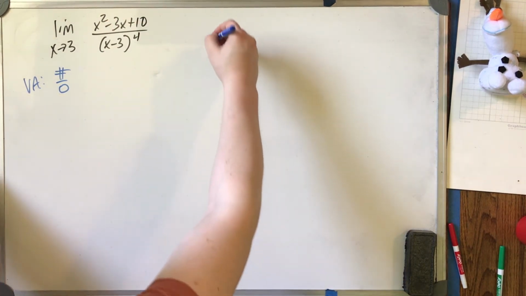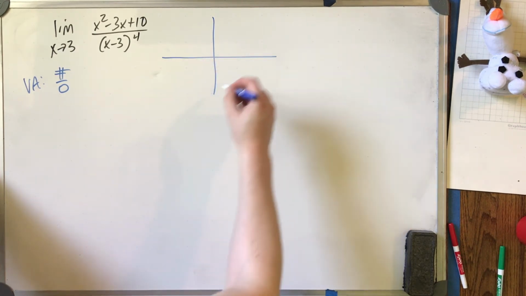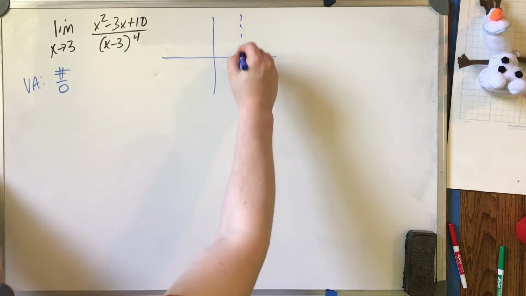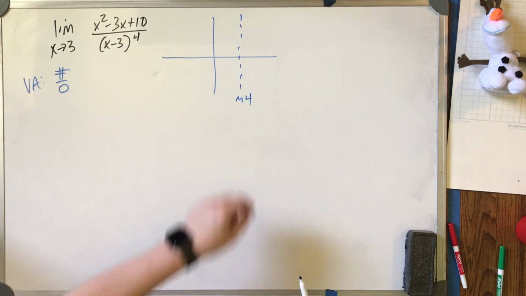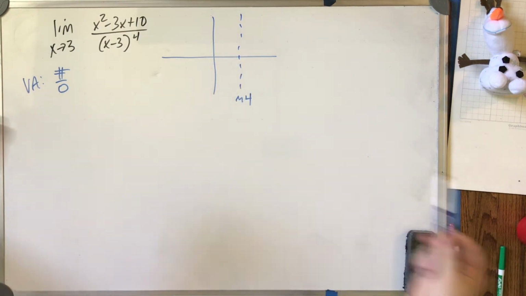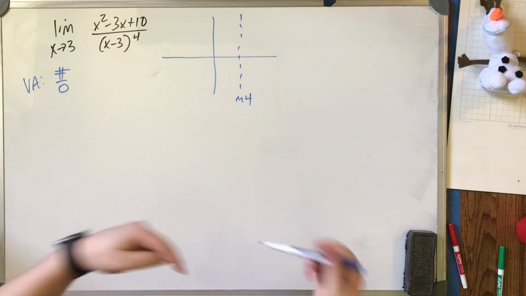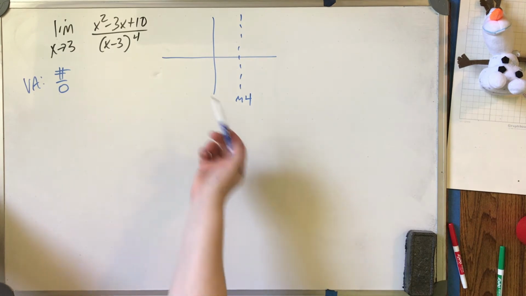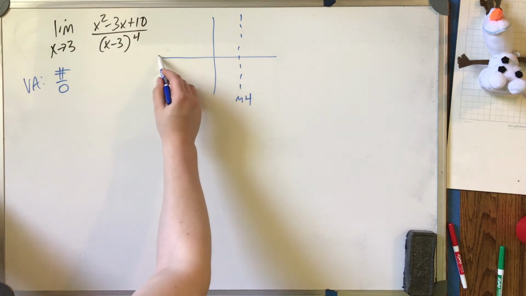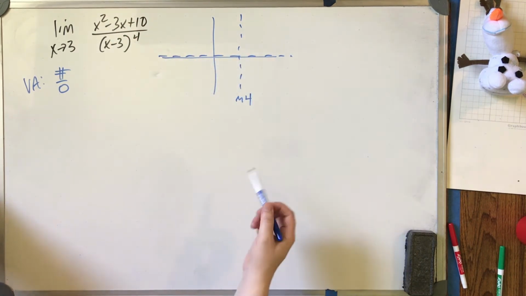So if I graph this stuff, I'm just going to do a super quick graph, nothing fancy. I'm going to have a vertical asymptote over here with a multiplicity of 4. So that multiplicity of 4 is important. That means I know it's either both going up or it's both going down. So let's try to graph this stuff here. My end behavior is going to be at 0, so I know that it's right here.